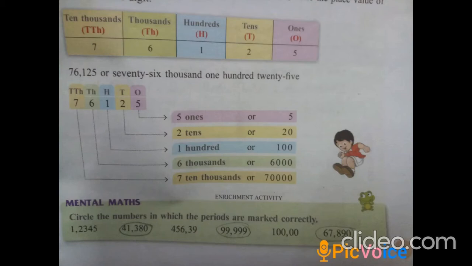So 5 in the ones place, so we can write 5. 2 in the tens place, we can write 20. In the hundreds place, only one number is there, 1, so 100. In the thousands place, we have 6 thousands, so we can write 6,000. 7 in the ten thousands place, so we can write 70,000. This is the place value chart.